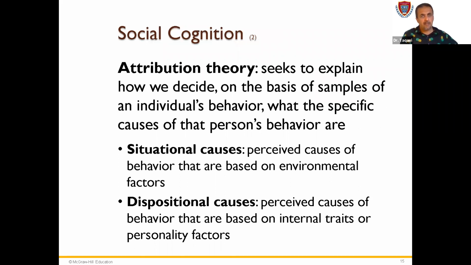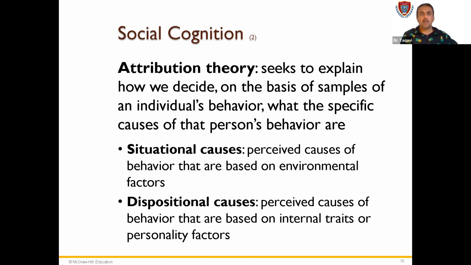Attribution theory explains how we decide, on the basis of samples of an individual's behavior, what the specific cause of that person's behaviors are. Please note that talking about attribution is a matter of talking about causes. We are not talking about correlation.